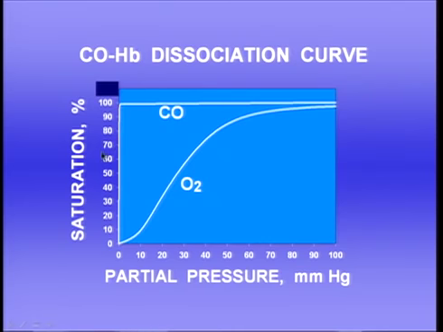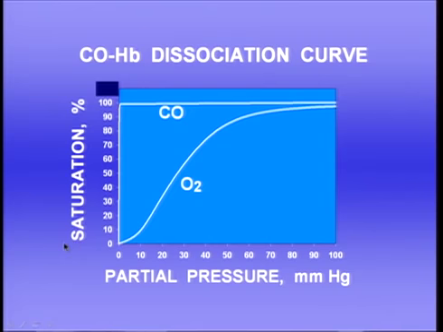Well, the fact is, the dissociation curve for carbon monoxide is actually the same as oxygen. But what we've done is we've greatly compressed the x-axis so that for a very small partial pressure of CO in blood, the saturation is almost 100%.